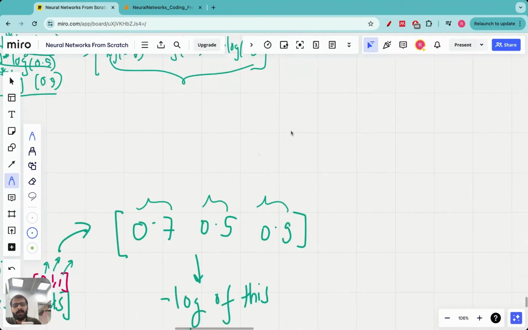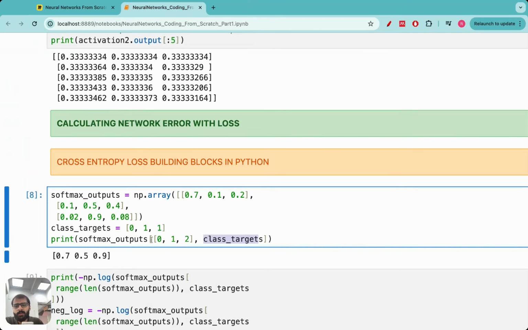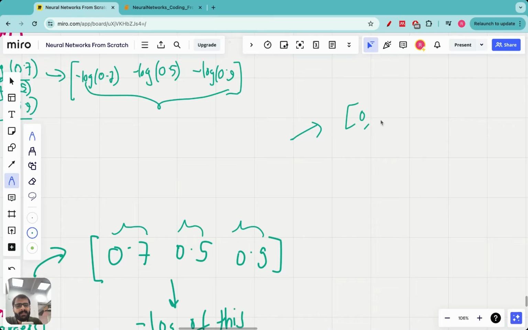There are two attributes: 0, 1, 2 is the first, and the second is class targets, which is 0, 1, 1. So what Python will do is look at 0, 1, 2, look at 0, 1, 1, and then look at this.